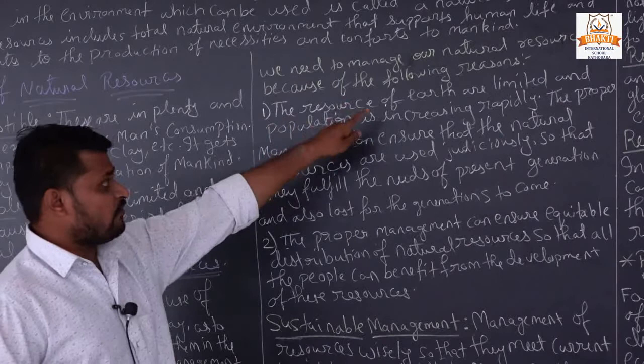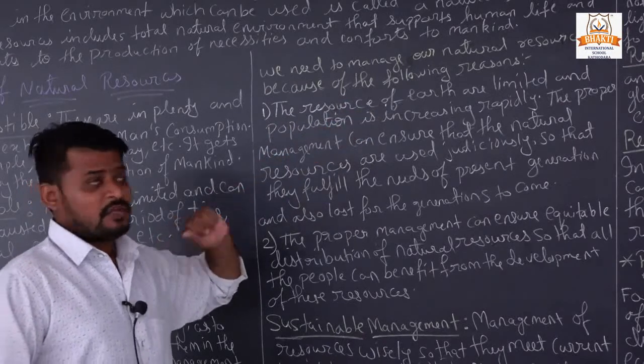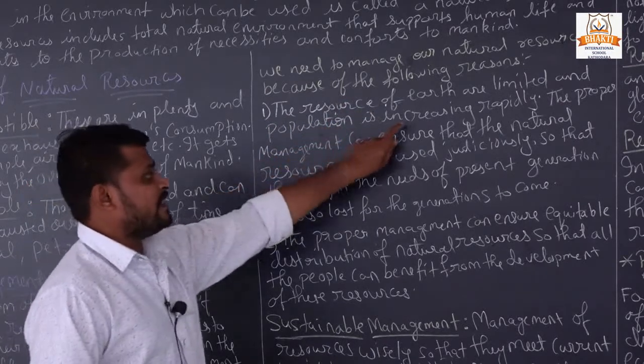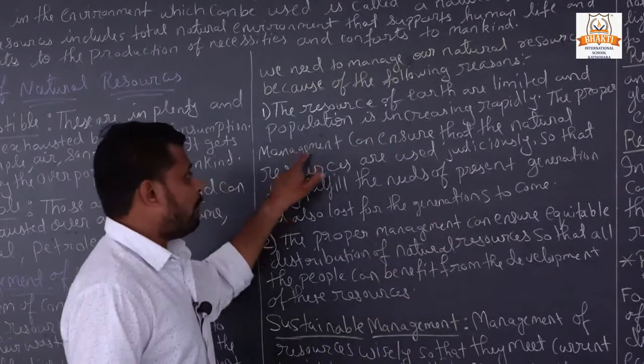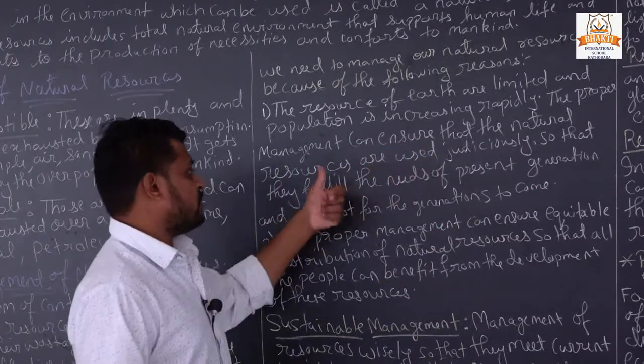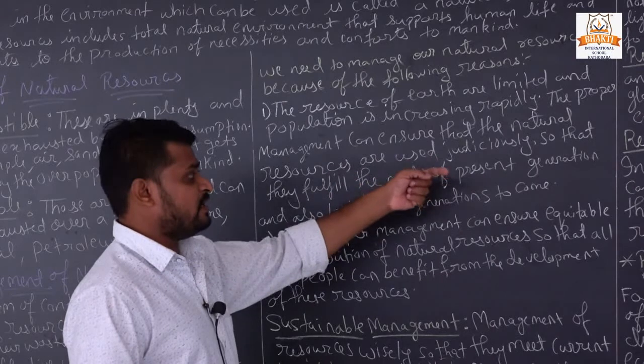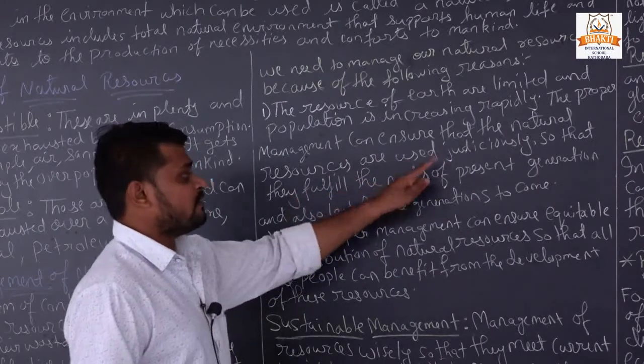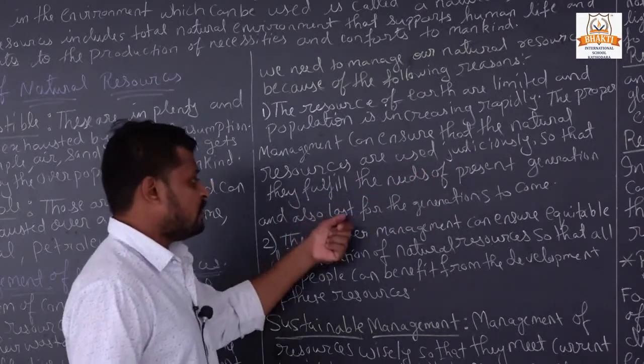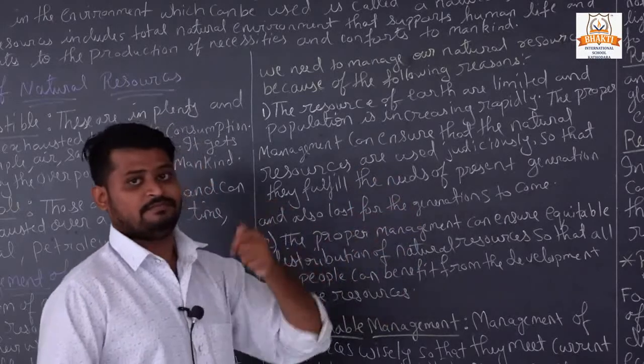The resources of earth are limited and the population is increasing rapidly. So proper management can ensure that the natural resources are used judiciously so that they fulfill the needs of the present generation and also last for the generations to come.